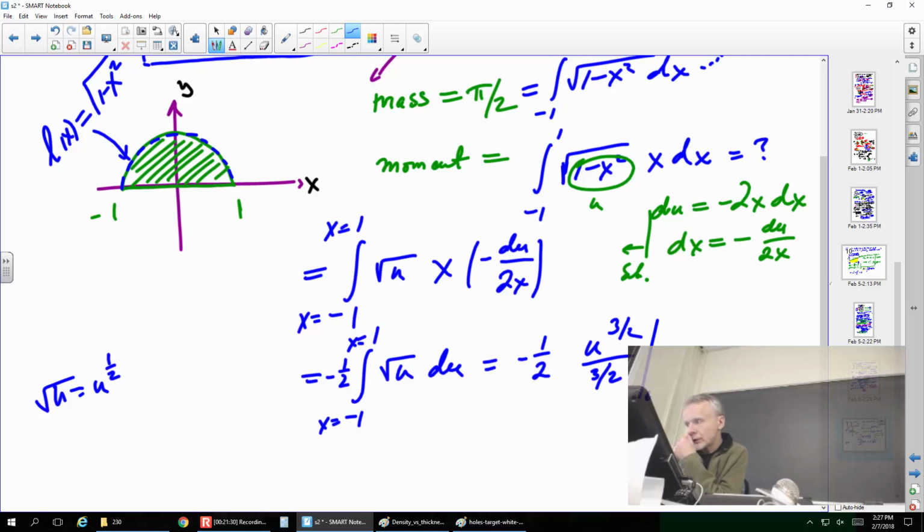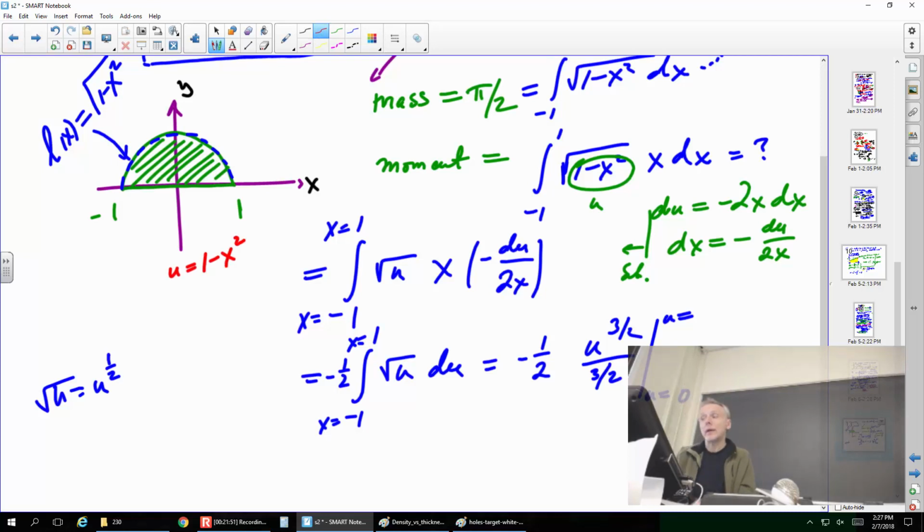I want to switch to u's here for my limits. So if x is equal to negative 1, then u is 0. Right? Look at my formula at the top: my substitution is u equals 1 minus x squared.